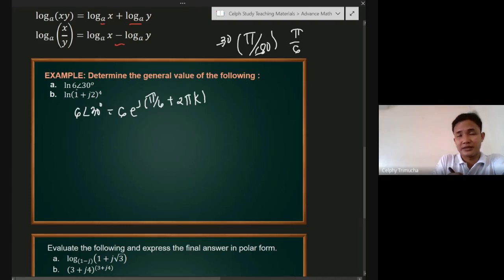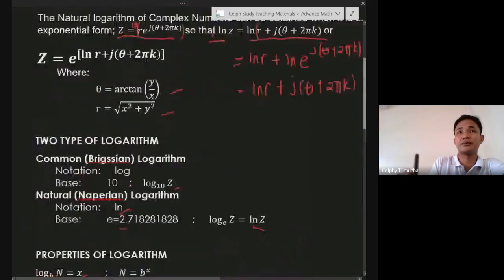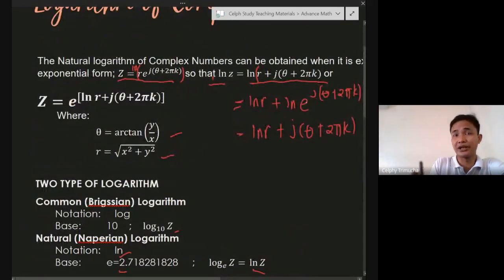So that will be ang aton nga equation. So now apply kita ln both sides of the equation para makuha ni natin yung value. So we'll have ln of our 6 angle 30 degrees is equal to ln of 6 e raised to j pi all over 6 plus 2 pi k. Okay, so perform natin ang operation nga pareho sa ginhimo natin kagina. So if na-notice ninyo, ang ginhimo lang diri sa babaw is ln r ka na lang, then papanaog mo lang yung exponent.